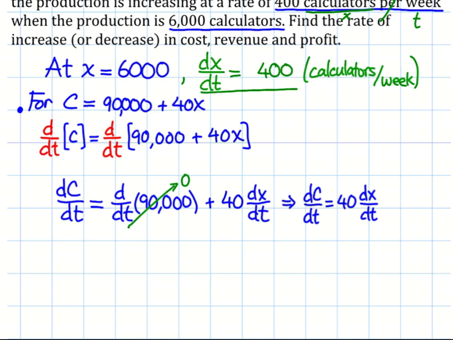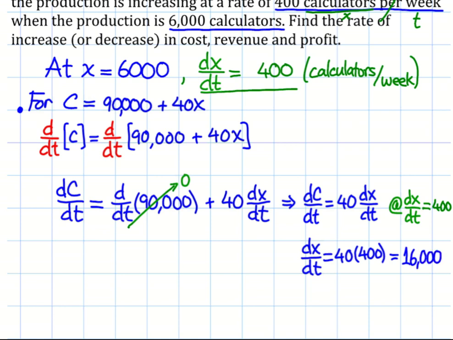So we'll have dc over dt equal to 40 times 400. So that will be 16,000. And it is positive, so it is increasing at the rate of 16,000.